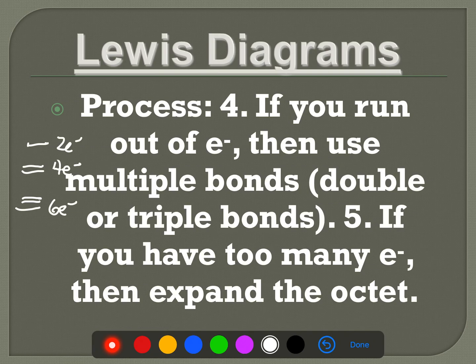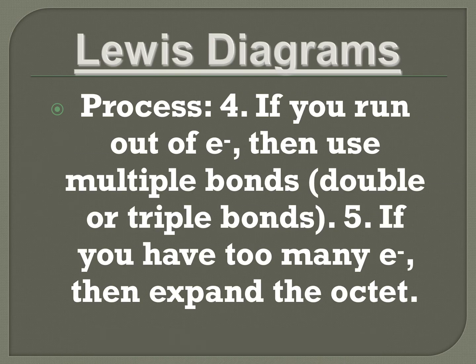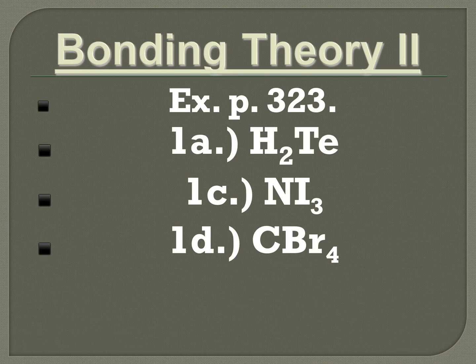We'll find out in more detail the difference between a single, double, and triple bond, but for now, it's just the number of times the atoms overlap. If it's a single bond, it overlaps once, so there's 2 electrons. In a double bond, you have 2 different overlaps at the same time, which involves a total of 4 electrons. If you complete steps 1, 2, and 3, and you still have electrons left over, then you're going to expand the octet.